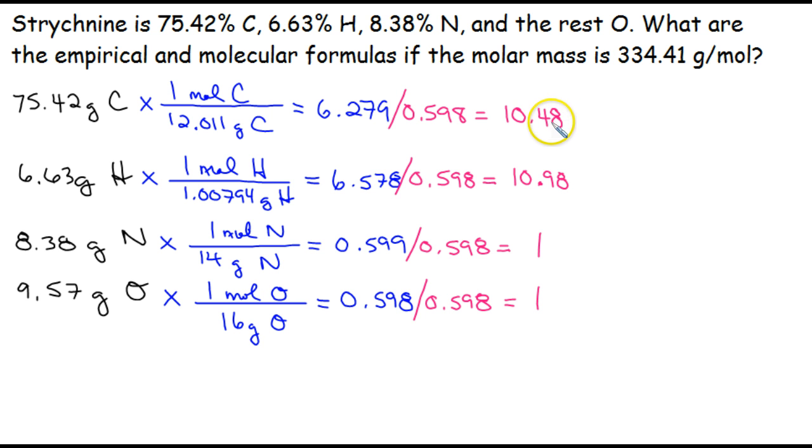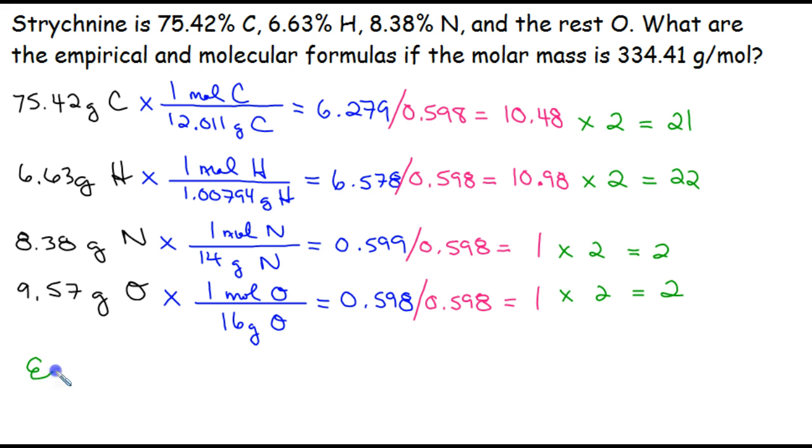So because of the carbon, we're going to have to multiply all of these by a number so that we get a whole number. And I know it looks weird, but if we multiply that number by 2, we'll get 21. For that number, we'll get 22, and of course for these two, we'll both get 2.